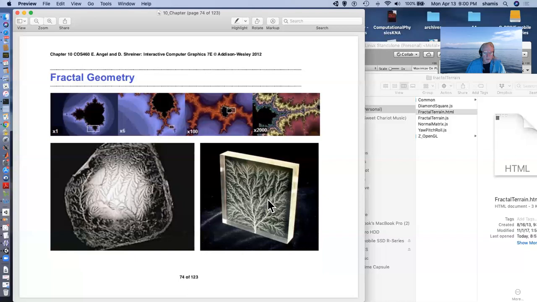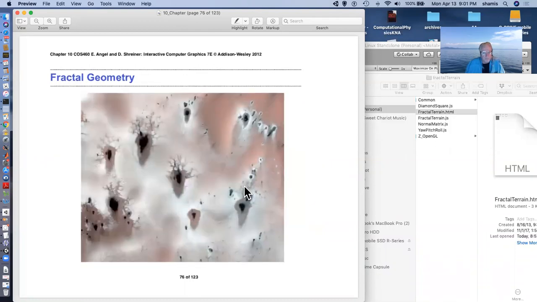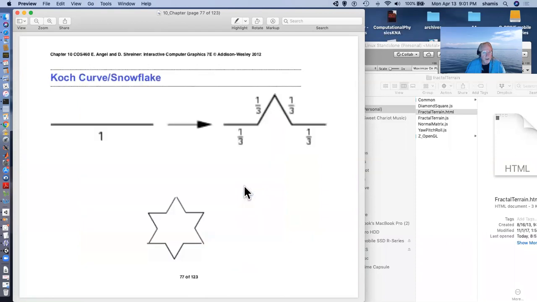Similar features appear in ice crystals and electric sparks and frost on a window. These are actually pictures of something called the spiders of Mars, a phenomenon that occurs when the CO2 layer that freezes out in the winter melts in the springtime.